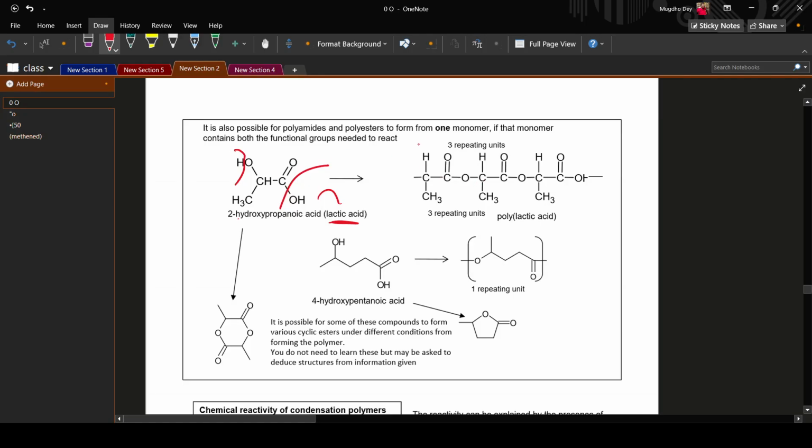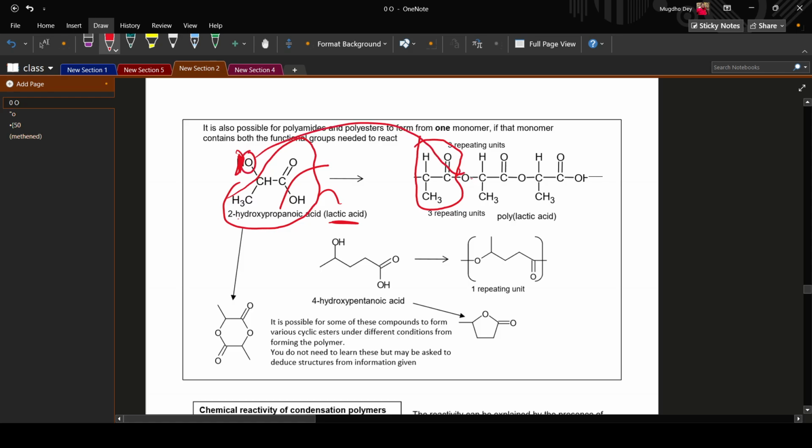For example, you can clearly see this part is basically this, right? And what is happening down here, sir? When this OH goes away, the other part, the other hydroxypropanoic acid, the part where the OH is left, that part joins, isn't it?